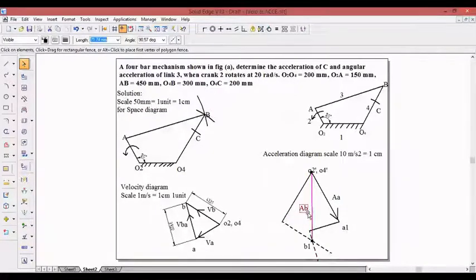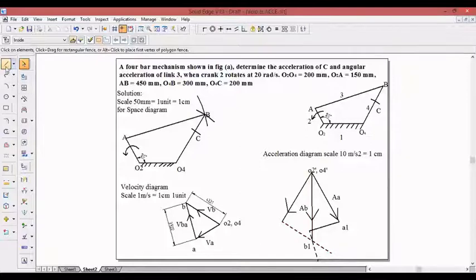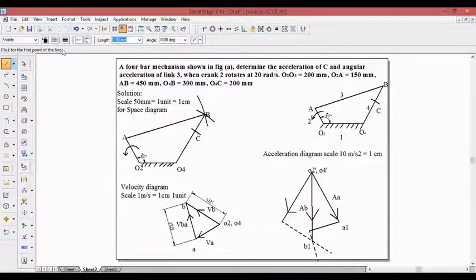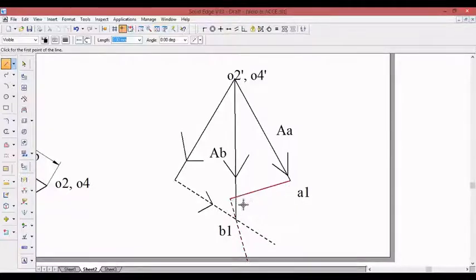This vector that we have right now, the acceleration of B, is going in this direction, and this is the radial component of B, and here we have the tangential component of B. Now if you zoom into this, here we have the tangential component of BA.